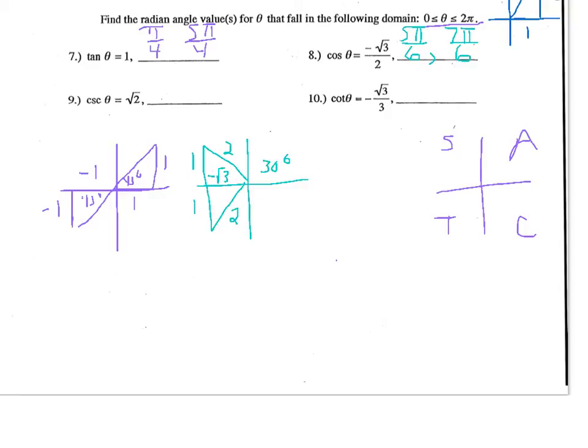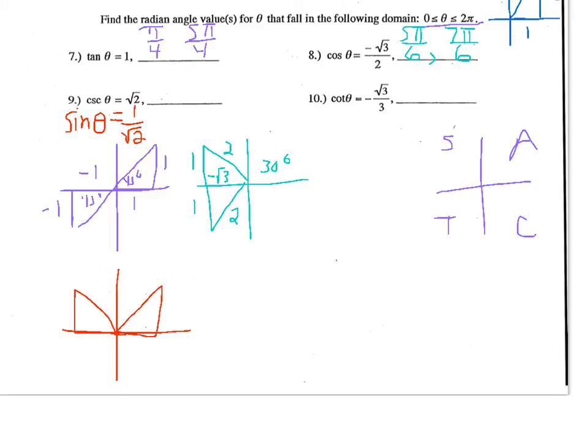For number 9, we have cosecant of theta equals √2. It may be easier to change cosecant to a sine, since sine is the inverse, and instead answer the question sine theta equals 1 over √2. So sine is positive in the first and second quadrants.